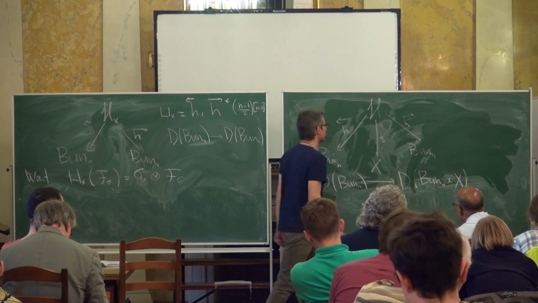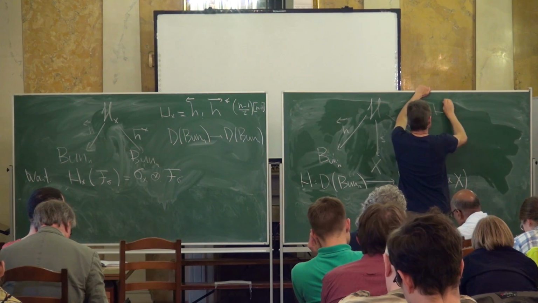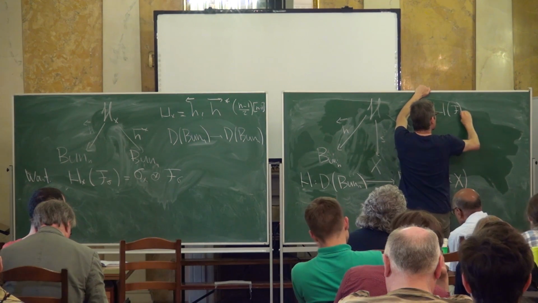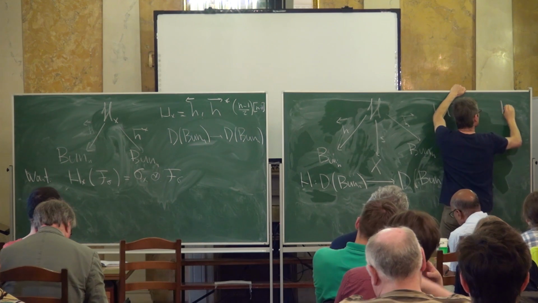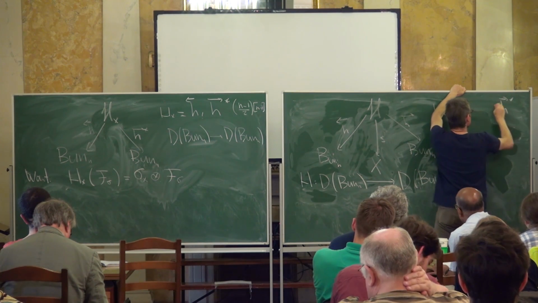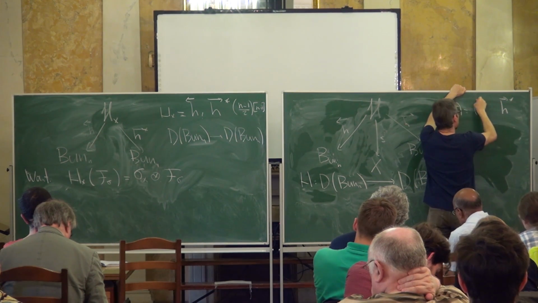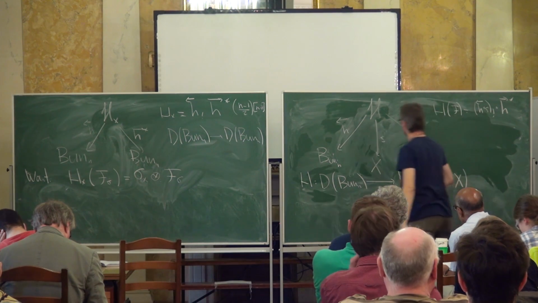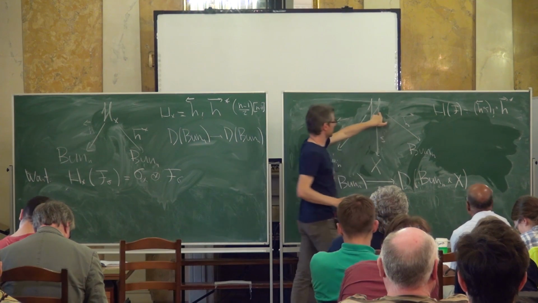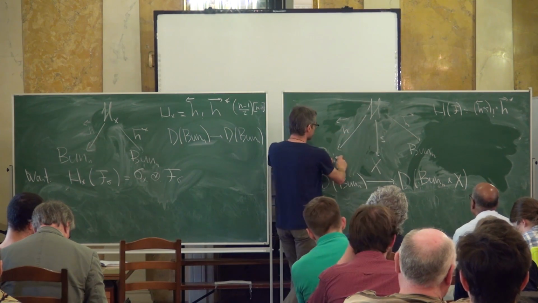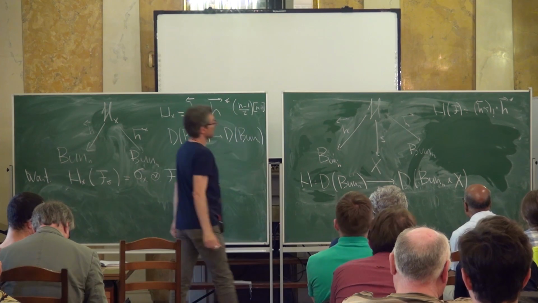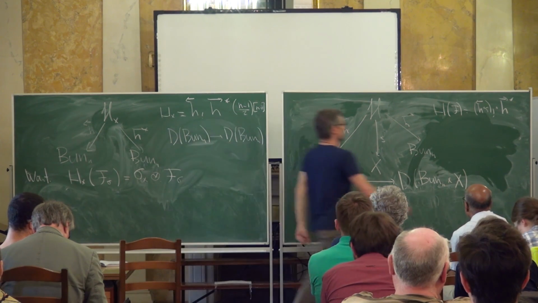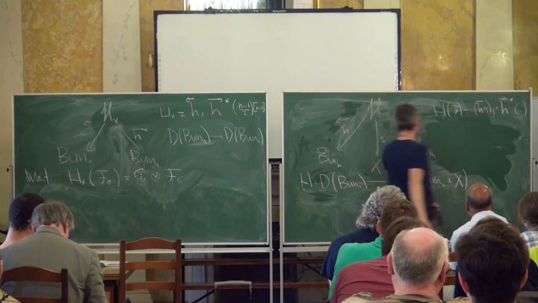And what I do now, I still pull back, but I push forward with respect to the projection on the two factors. So I pull back with respect to this projection, and then push forward onto Bun_n times X. And also a Tate twist.